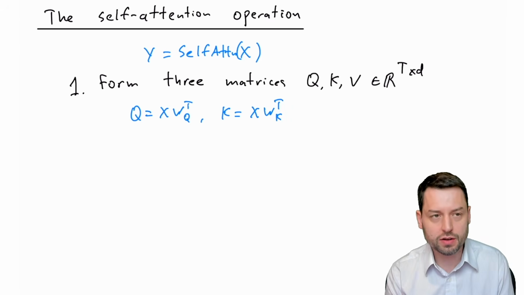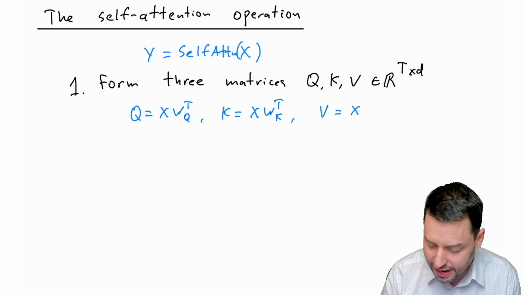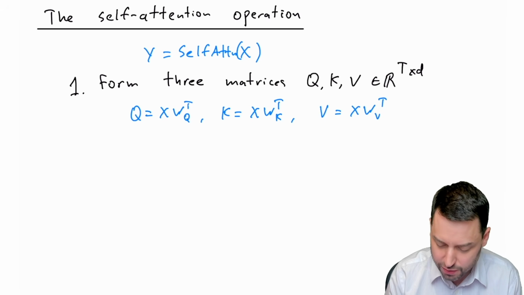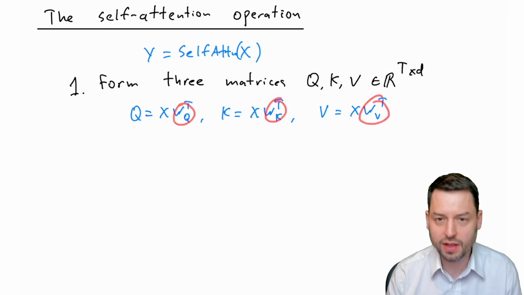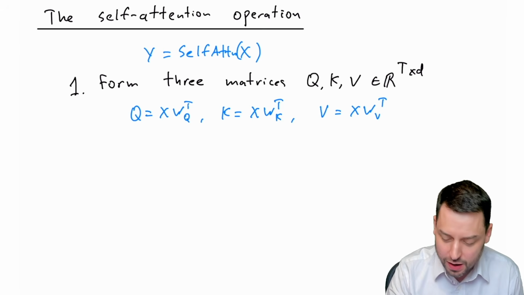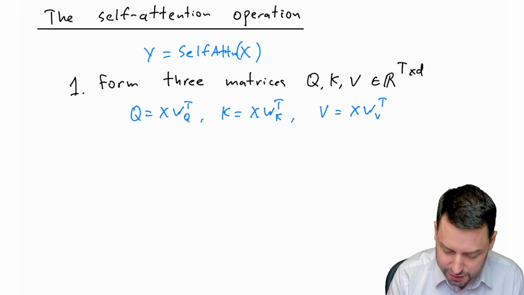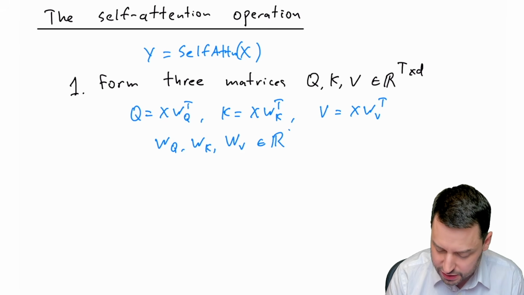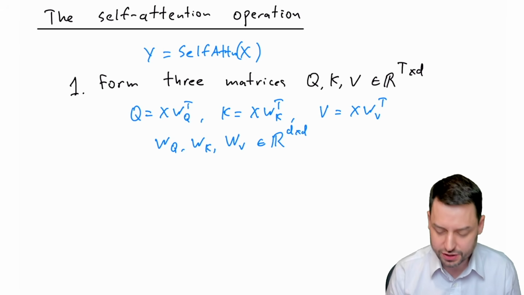Again, we're just using our notation of linear operations being multiplied by the transpose. And V equals X times WV transpose. All three of these take a matrix that is T by D, i.e. X, and transform it to another matrix that is T by D. So that means that WQ, WK, and WV are all just D by D matrices. So that's the first step of self-attention.